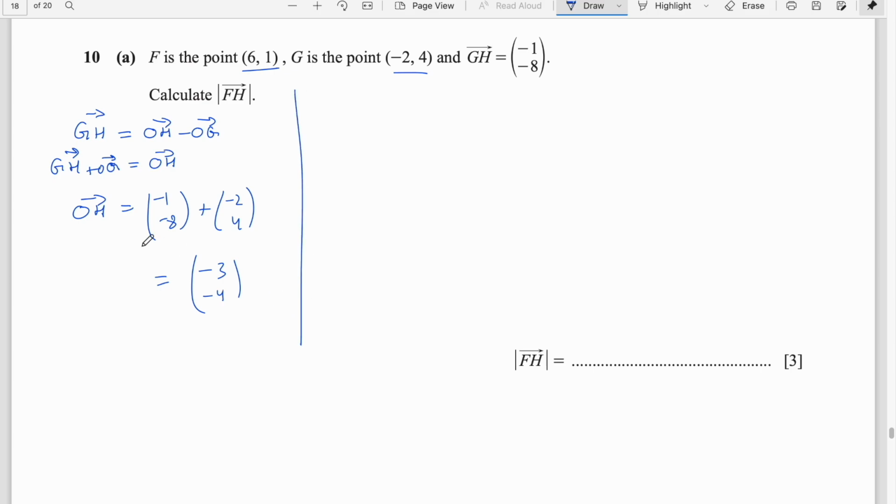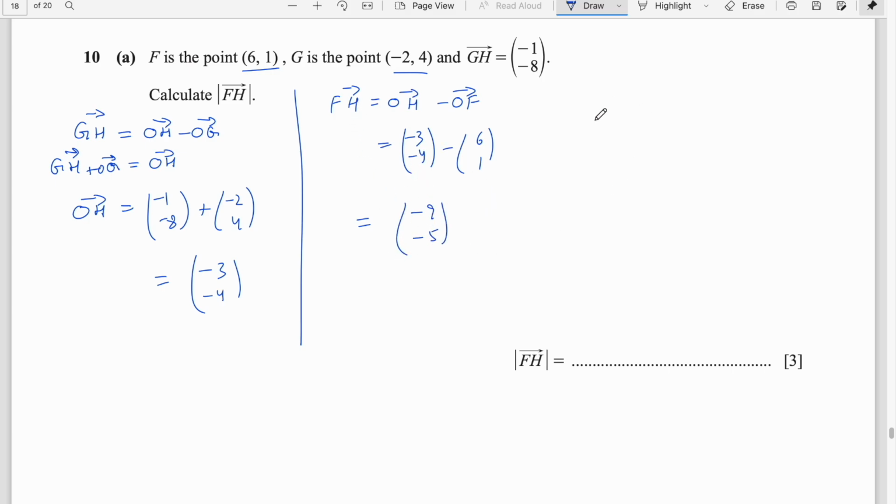Once we're done with OH, I can use FH, which is OH minus OF. Now we've already found OH, which is (-3, -4), and OF is given in the question, which is (6, 1). So -3 minus 6 is -9, and -4 minus 1 is -5.